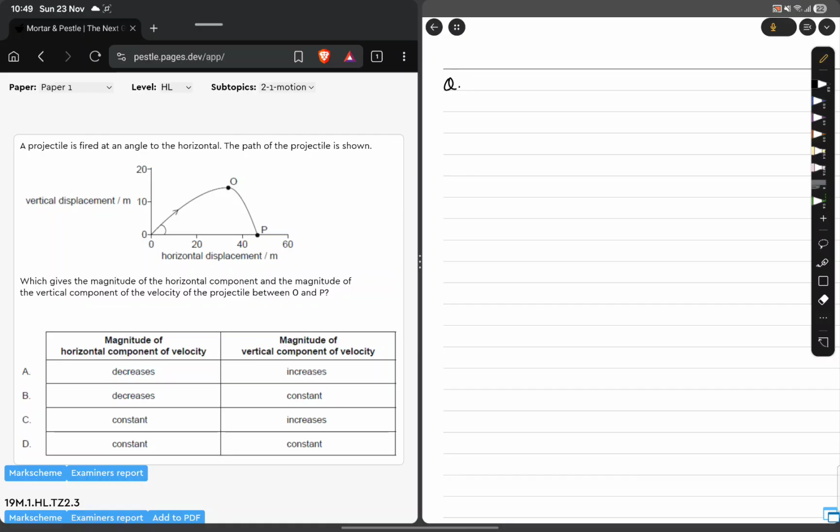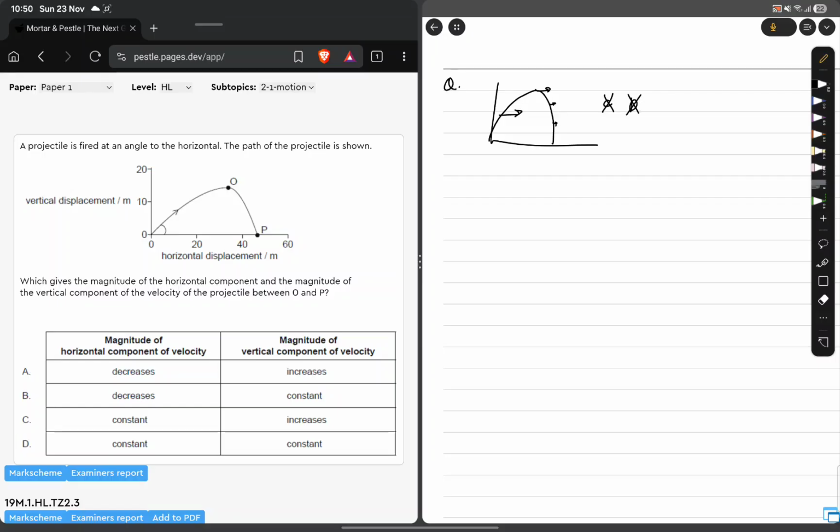The magnitude of the horizontal component of velocity definitely decreases, because the horizontal component is trying to push, but the air resistance is fighting against it and reducing the horizontal component's effect, so it's going to decrease. That means C and D are invalid.